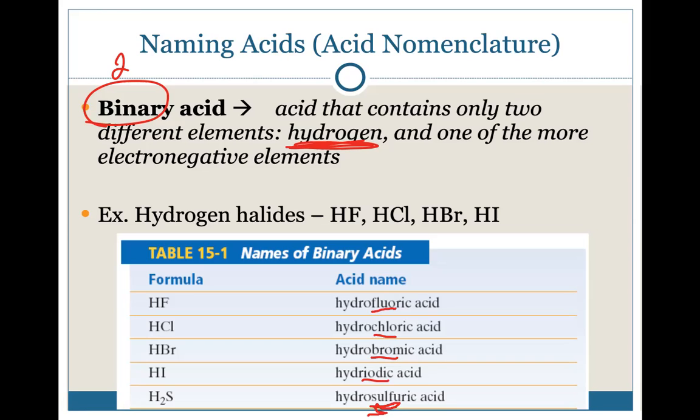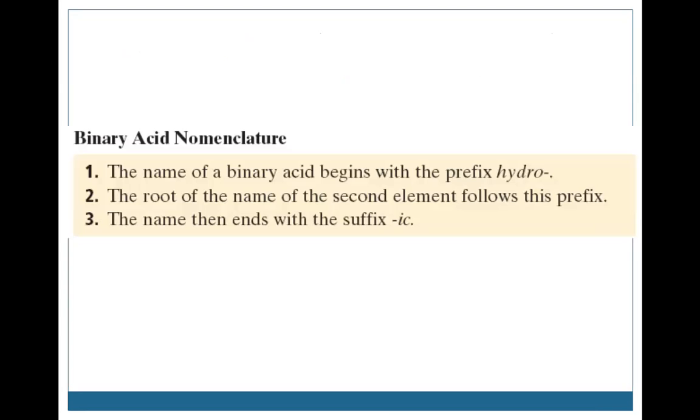You've got hydro-ic acid, hydro-ic acid. Well, we cut out the O because it starts with a vowel. Ic acid, same thing. So when you name binary acids, you have to have the prefix hydro, the root of the element, ic acid. Okay, these are the main 5. I don't know if there's any other one besides these. The name begins with hydro, the root of the element, and then ic, and of course acid because it's an acid.